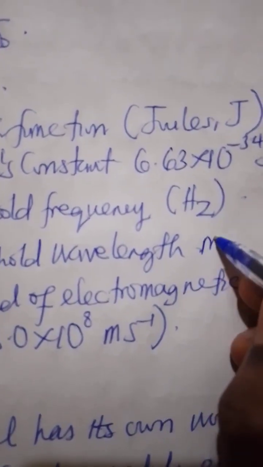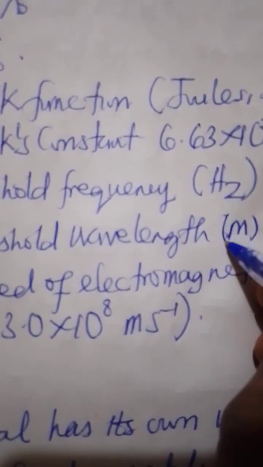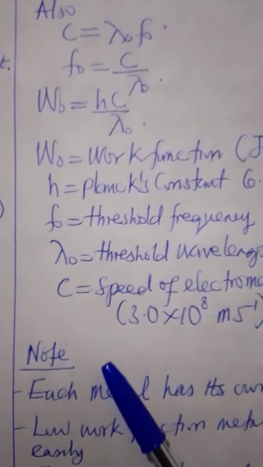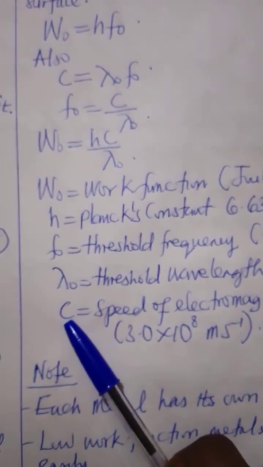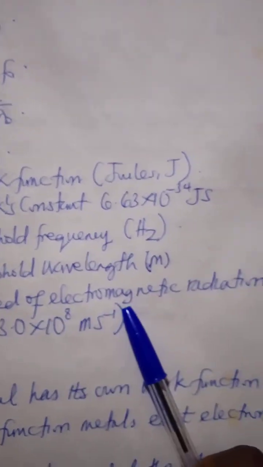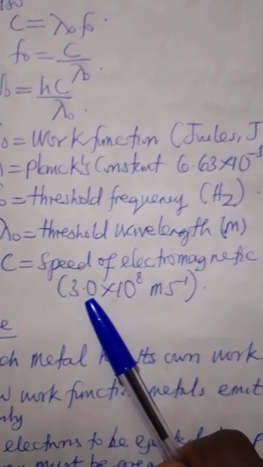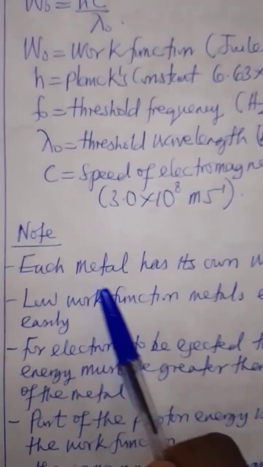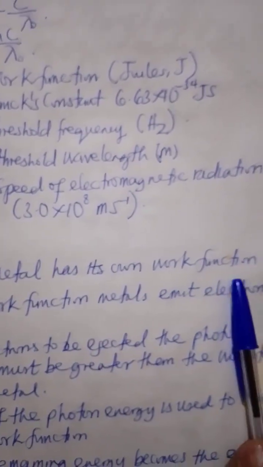So write the meter there, measured in meter. Then we have c, which is the speed of electromagnetic radiation, given as 3.0 × 10^8 meter per second. I want you to note the following: each metal has its own work function.